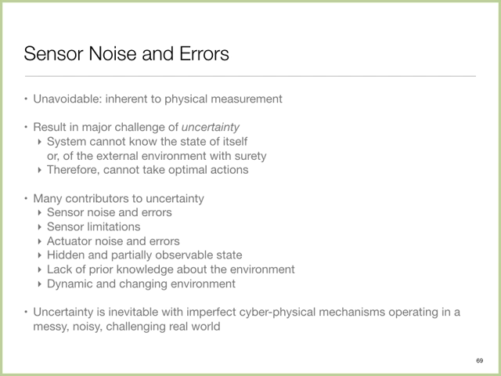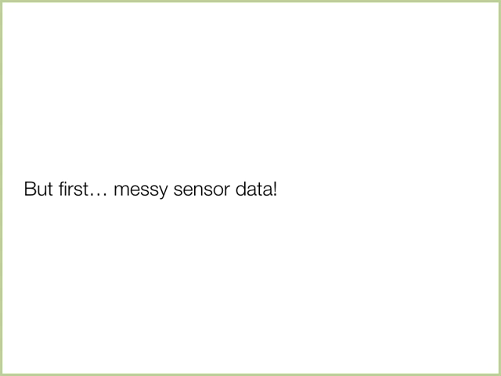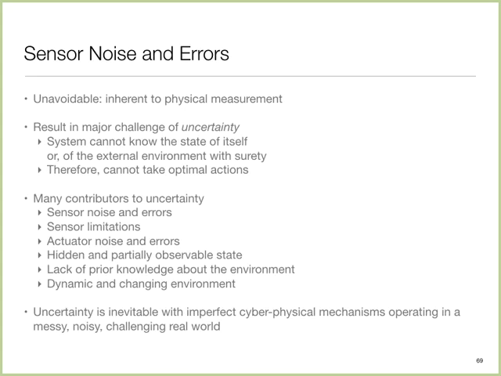Okay, so before we start processing the data with these classifiers, one of the first things you have to do is to clean them up. These sensors tend to be very noisy and make very weird reports.